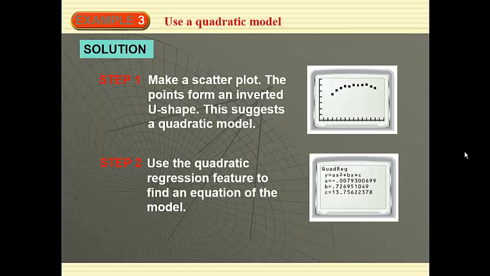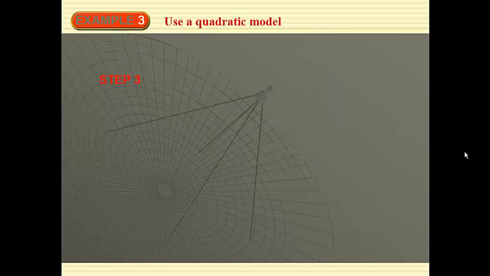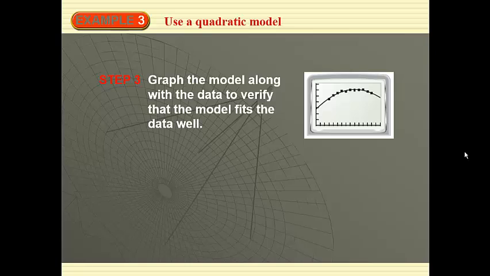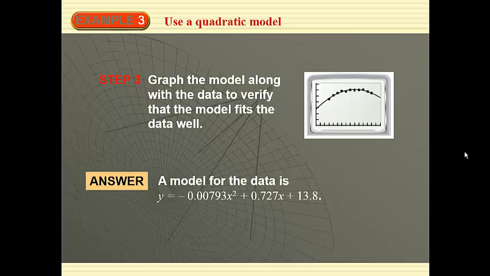So use the quadratic regression feature to find an equation of the model. So if you click on linear regression, quadratic regression, you get y equal ax squared plus bx plus c. You have your a, b, c values, and you just graph the model along with the data to verify that the model fits the data well by using the y feature.